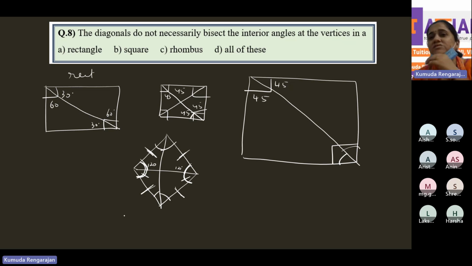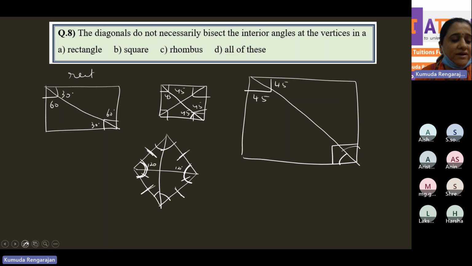We have already seen the list of properties. You need to memorize them. In a square and in a rhombus, the diagonals bisect the corner angles. So where is it not happening?